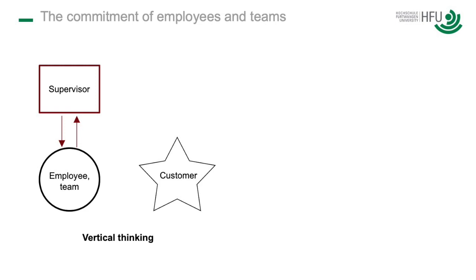People think vertically. They look upwards. They think upwards. And they escalate upwards. And here is a very fundamental principle that I see as a psychologist here in this case. I mean, what does an employee do if he or she has to make a decision?